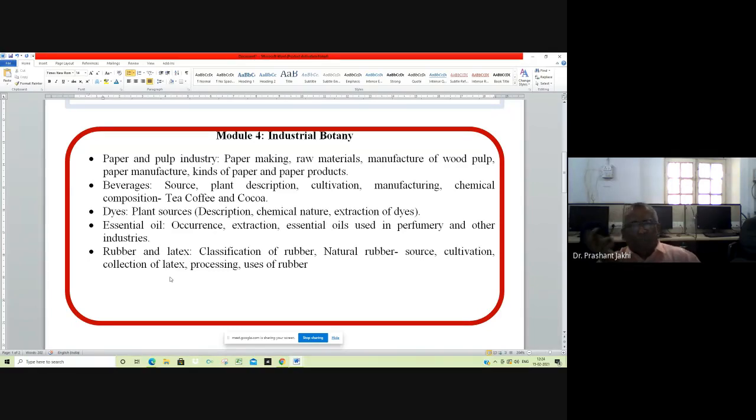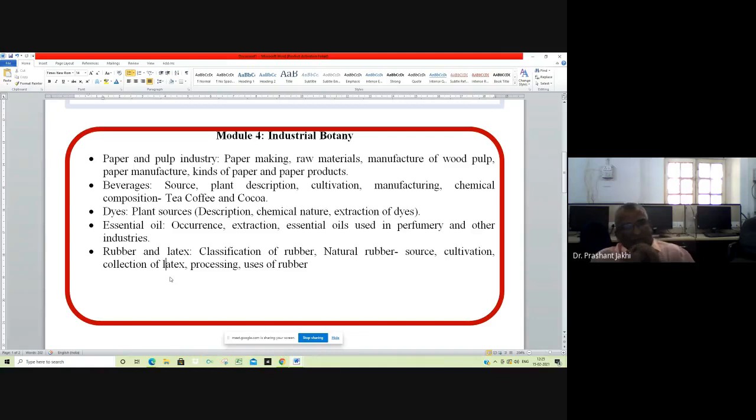How paper is made, what are the different raw materials used for paper, how paper is manufactured specifically from wood pulp, the entire process of paper manufacturing, kinds of paper and paper products which are used. Nowadays, you might know, we are using paper plates even in hotels or at home or in different functions. So we should be aware of the paper and pulp industry.